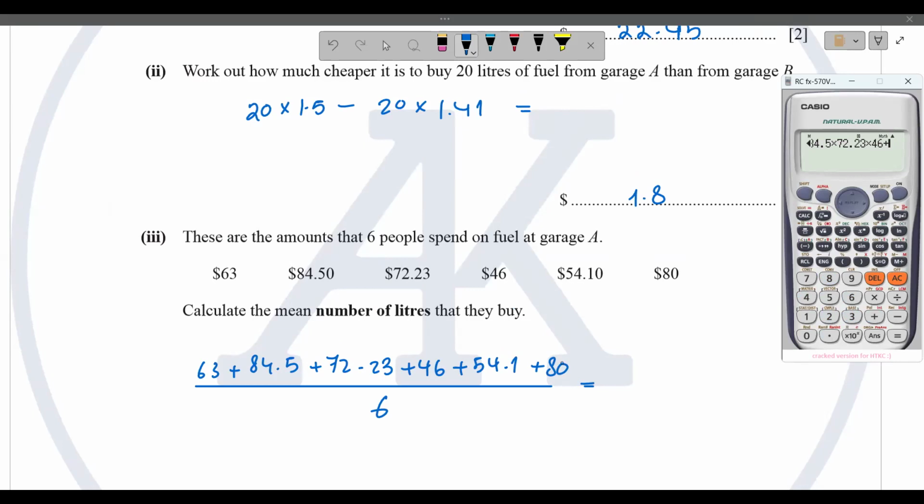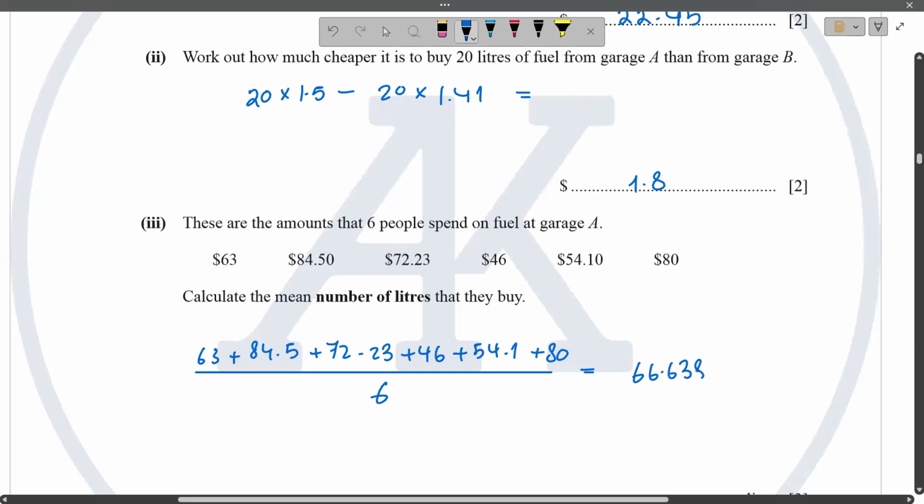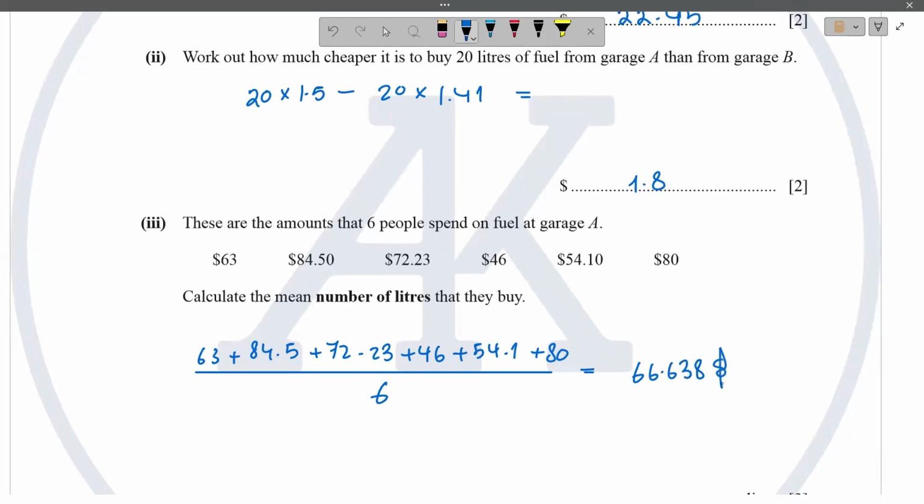63 plus 84.5 plus 72.23 plus 46 plus 54.1 plus 80, and it is addition, then divide by 6. It's equal to 66.638 dollars.